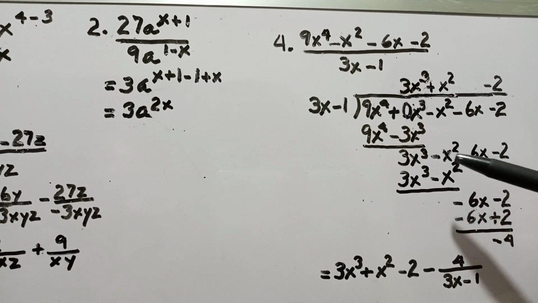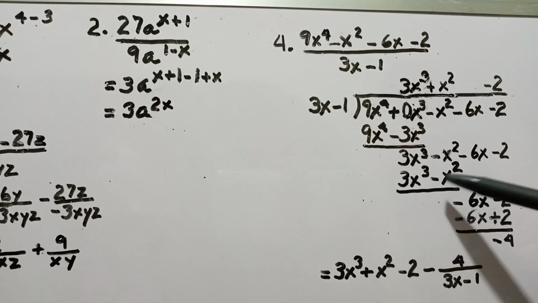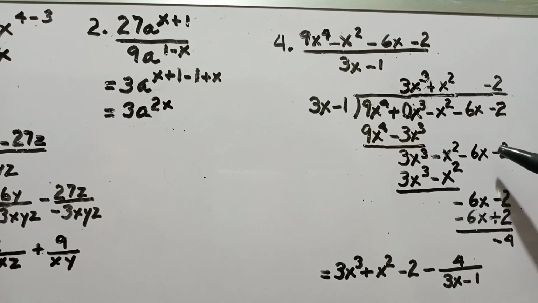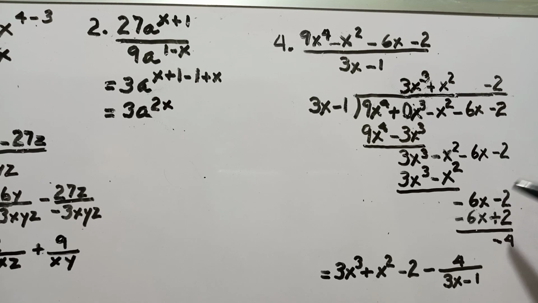And then subtract again. This becomes negative, so this is 0. And this becomes positive, that's why it's 0. And then bring down again the minus 6x and minus 2. So you have it here. Then let's divide again.